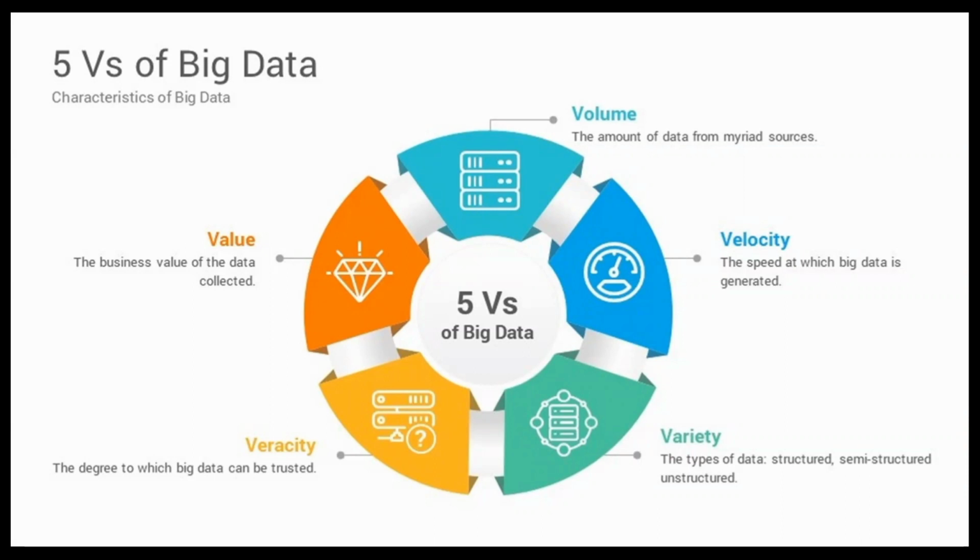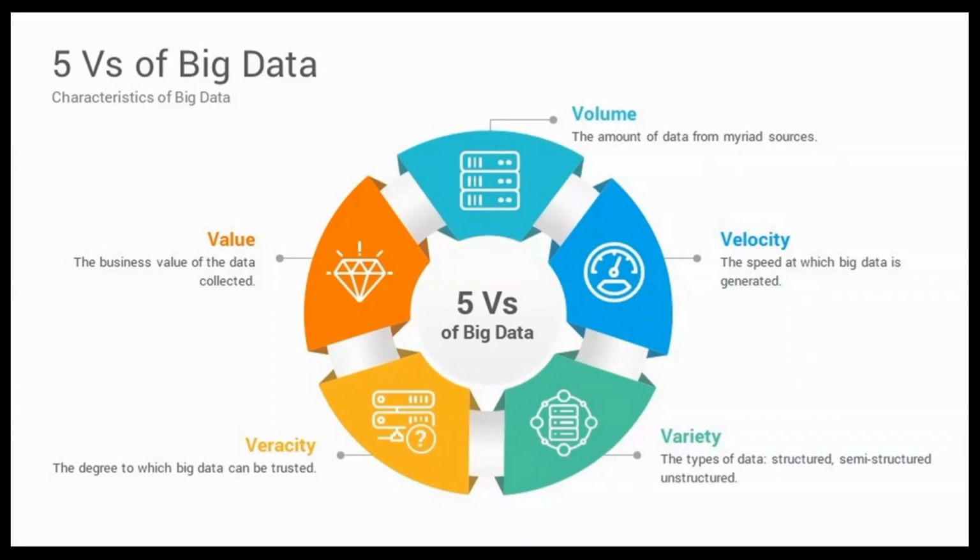It's structured data organized as rows and columns. Semi-structured is something like XML or HTML data. Unstructured is something like flat files with or without headers, or videos, audios, and images, which are considered unstructured data.